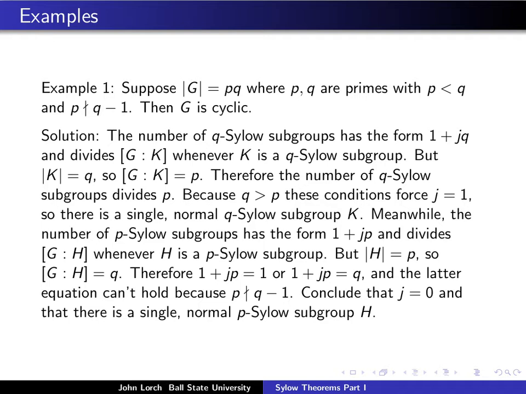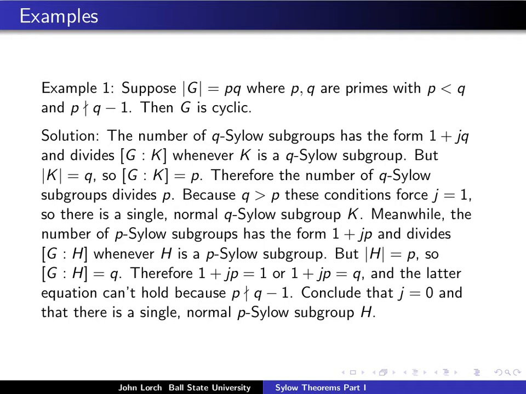Now, the number of Q Sylow subgroups from the third Sylow theorem must have the form 1 plus J times Q, and must divide the index of K in G whenever K is a Q Sylow subgroup.